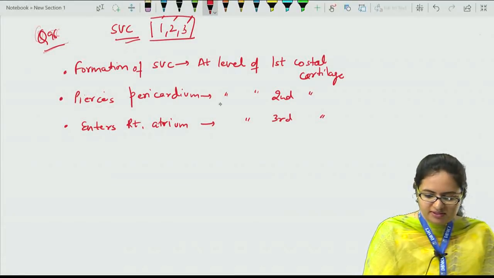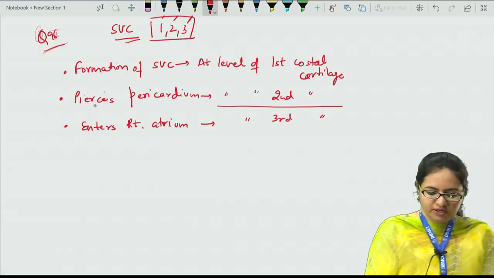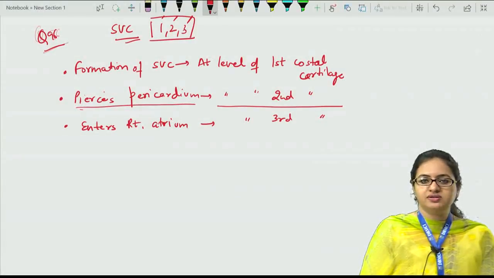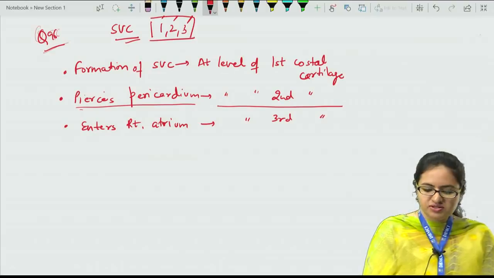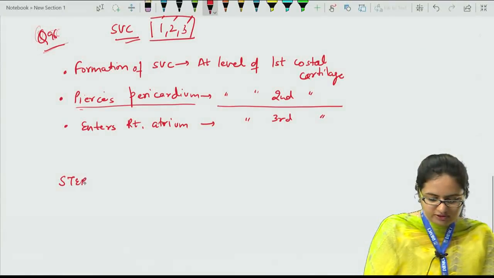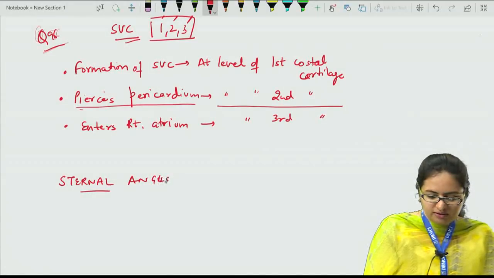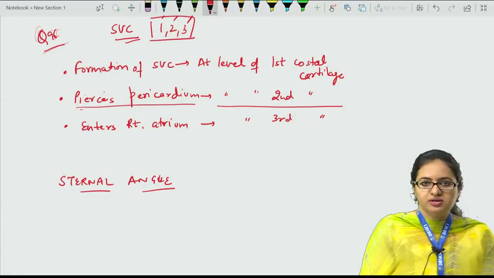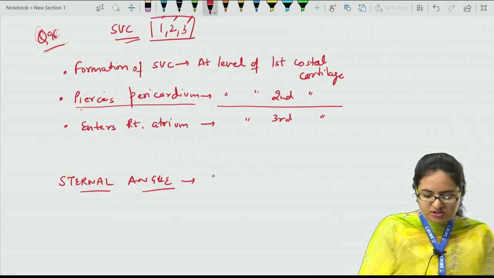The point where it is piercing the pericardium, at the level of the second costal cartilage, is the level at which the sternal angle is present. The sternal angle, or the angle of Lewis, is present between the manubrium and the body of the sternum, just at the level of T4, or the level of the second costal cartilage.